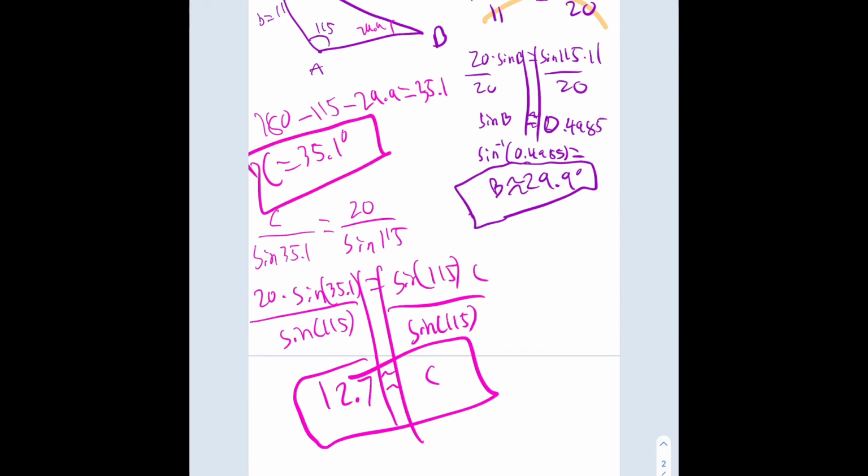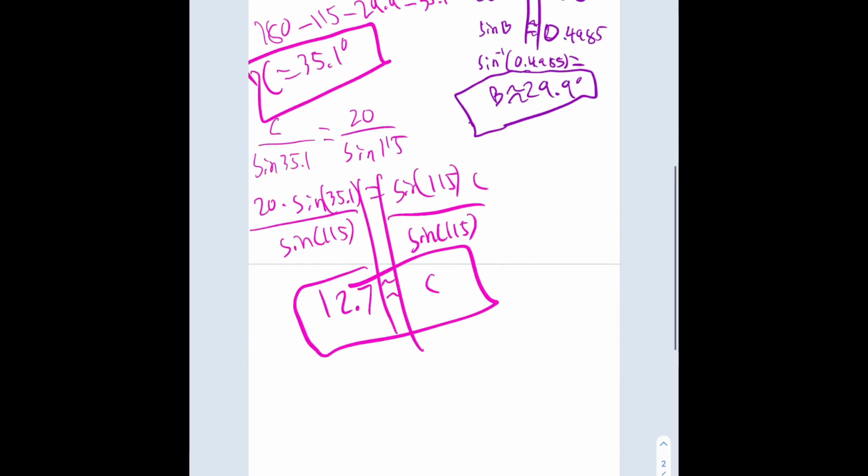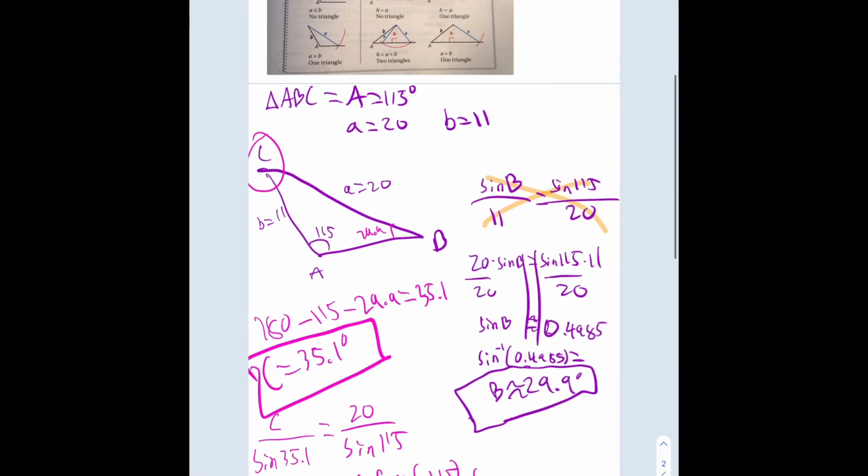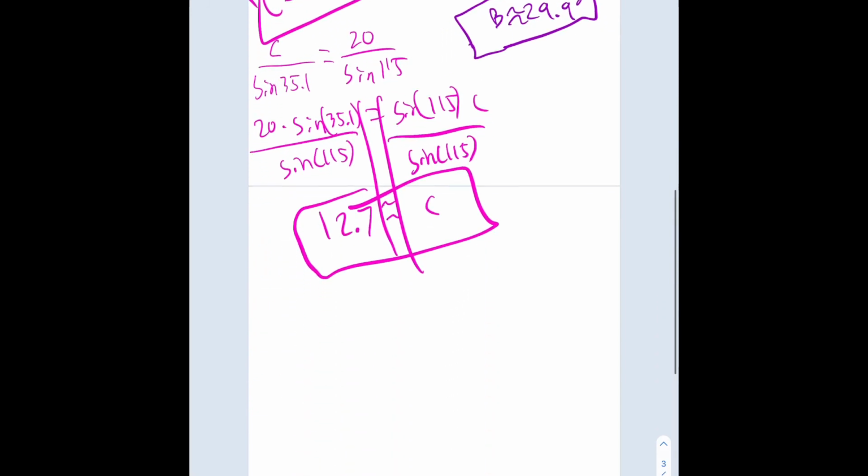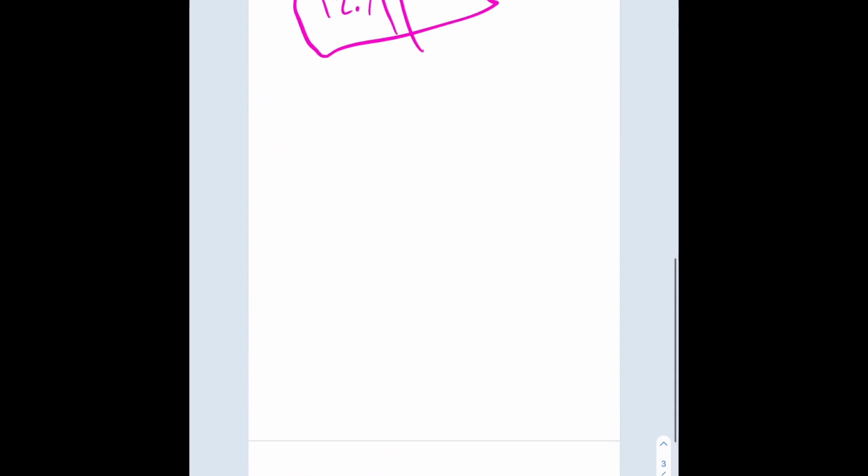So my three answers are B is approximately 29.9 degrees, angle C is 35.1 degrees, and side C is approximately 12.7. So that was an example of a side-side-angle that has only one solution. You will sometimes get a side-side-angle that has no solution.